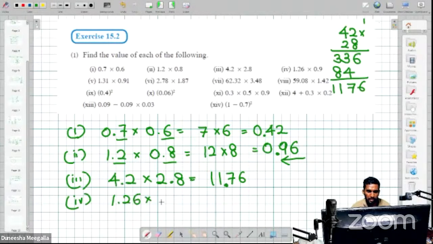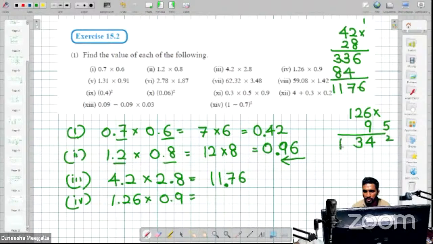Write down these answers. 1.26 multiplied by 0.9. 126 multiplied by 9. 9 multiplied by 6 is 54. Remaining 5. 9 multiplied by 2 is 18. 18 plus 5 is 23.